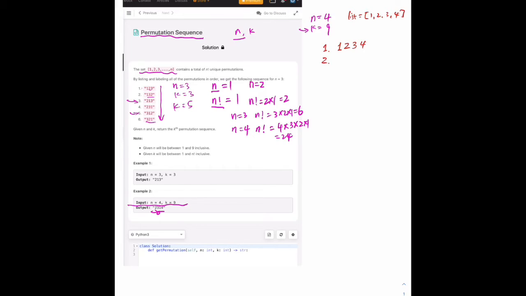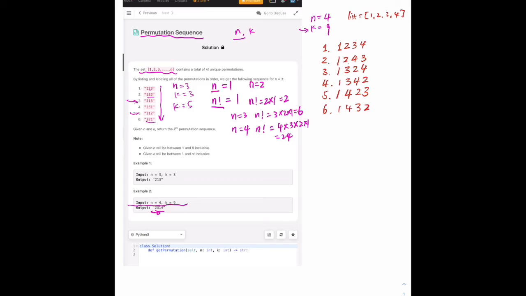Second smallest should be 1, 2, 4, 3, because we want to use the smallest at the beginning. And third one will be, we have to put 1, 3 here. So then we have 2 and 4. And fourth number will be 1, 3, 4, 2. Fifth will be, because we already used 2 and 3, so 1, 4. And we have 2 and 3 left. So we have 2, 3, or 3, 2.